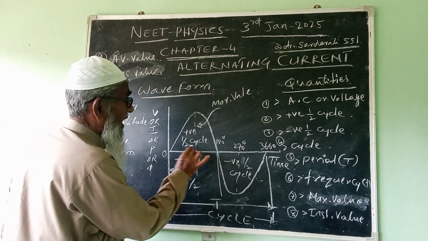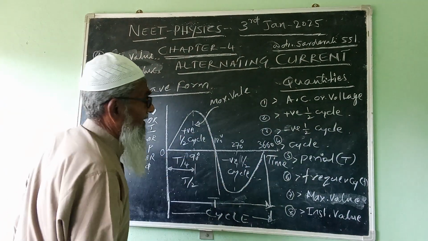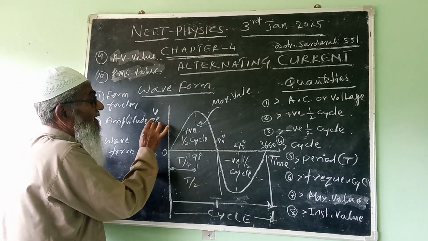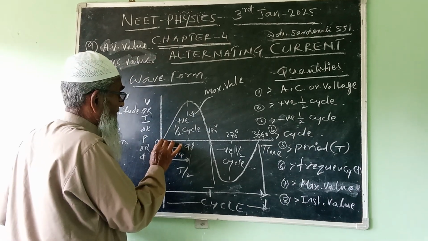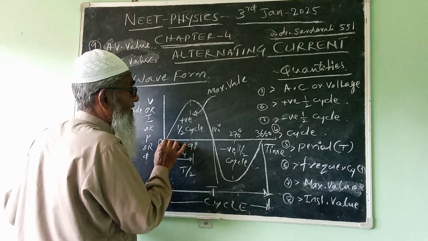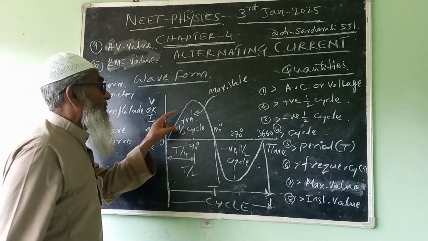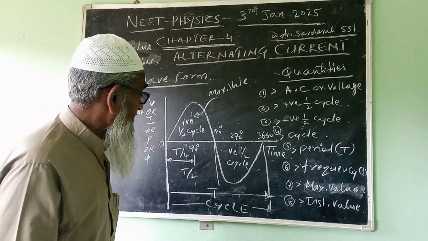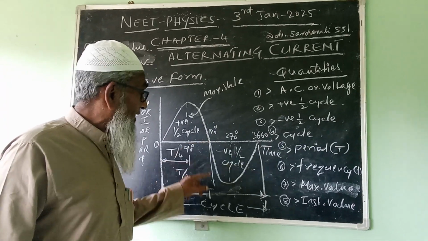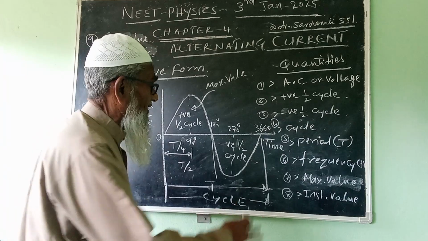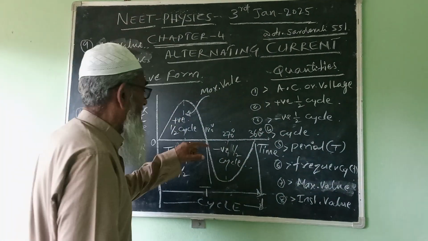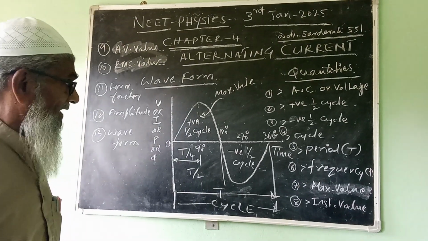Here, positive half cycle can be defined differently. The variation of an alternating current or voltage, taken with a reference line, varying above the reference line between 0 to 180 degrees will be called the positive half cycle, whereas the variation from 180 degrees to 360 degrees below the reference line will be called the negative half cycle.